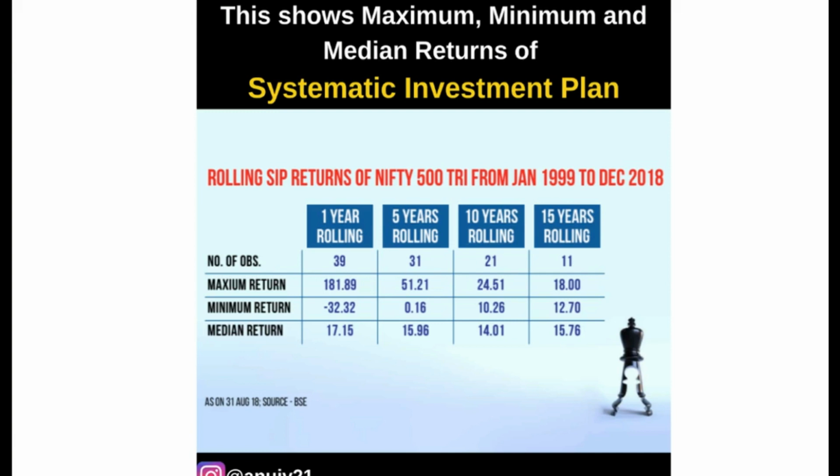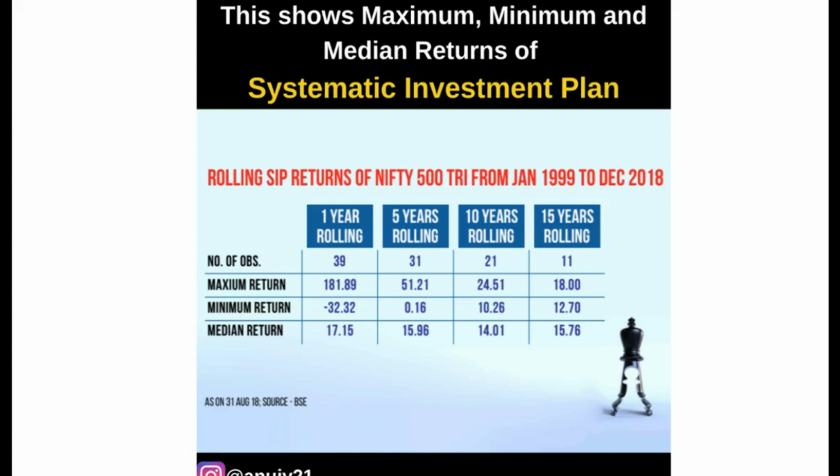In 1 year, the maximum return we can gain from SIP is 181.89%. That's a very huge amount. And the minimum return we can get is minus 32.32%. So we can clearly see the difference between 181 and minus 32 is huge.